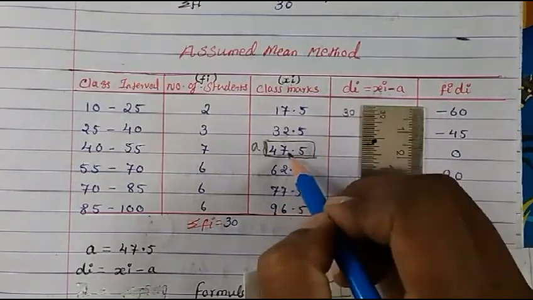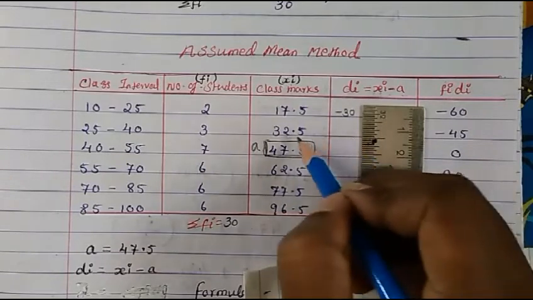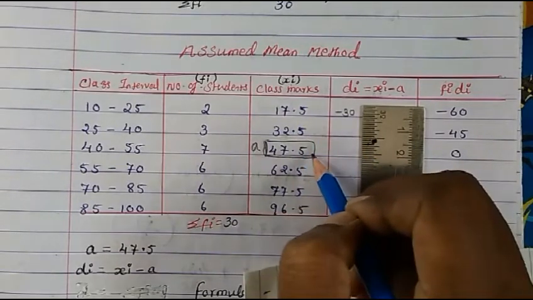But the bigger number is 47.5, so it will be minus 30. Do the same for the others.